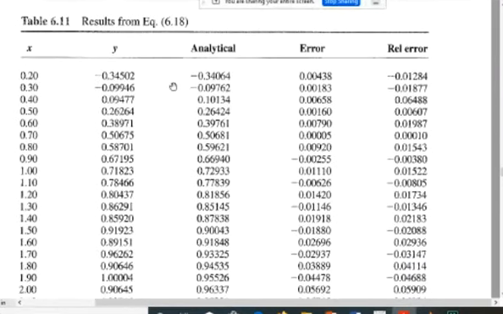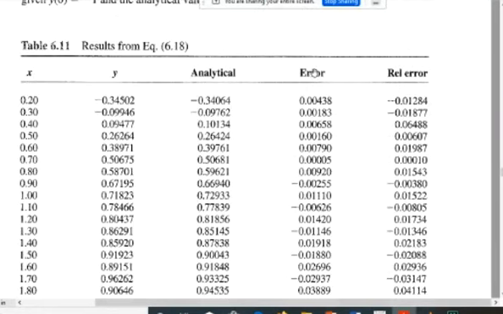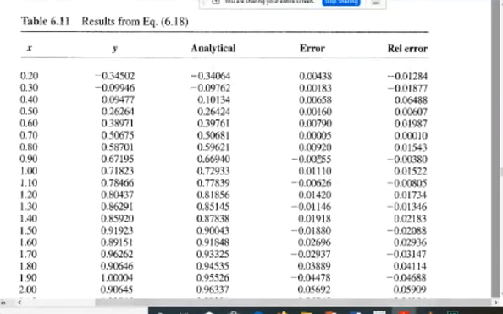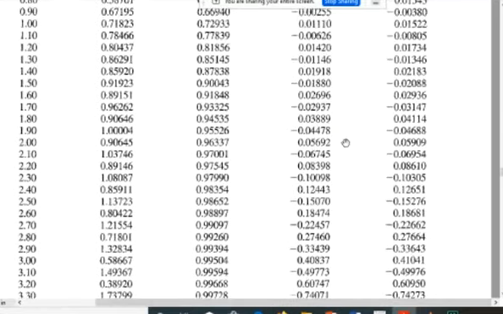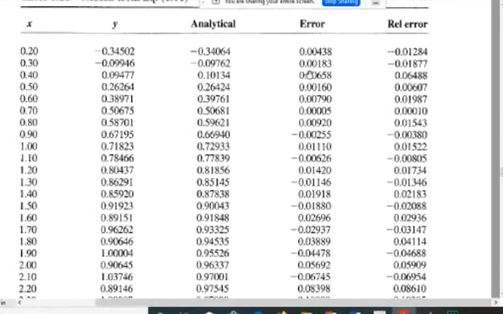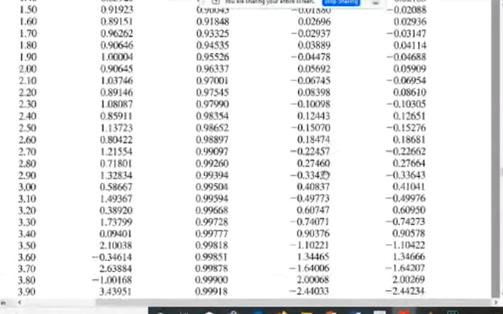We can see the values for x, y, the exact analytical values, the error, and the relative error here. Let's take a look at the errors. We can see the amount of error at the first step. The next step becomes less, and after that the amounts of error increase and increase.